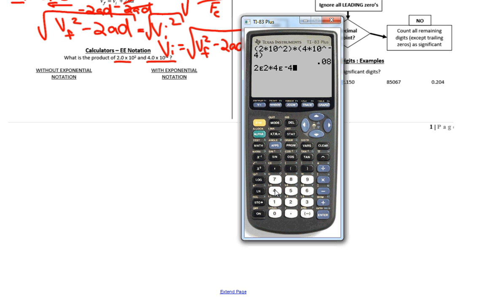And notice that I had to type fewer values. I do not need to include the parentheses. And I also get an answer of 0.08. So either way, I get 0.08.